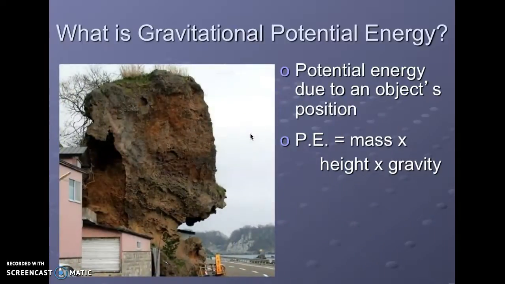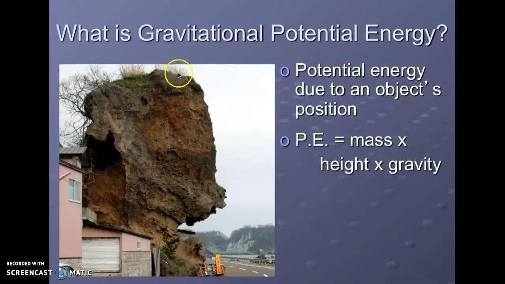So we'll look at this particular example. This mound of dirt, if I were to stand on top of this mound of dirt, I would have a lot of gravitational potential energy. So things that are very low to the ground, so if I were standing on this road, my gravitational potential energy would be very low.